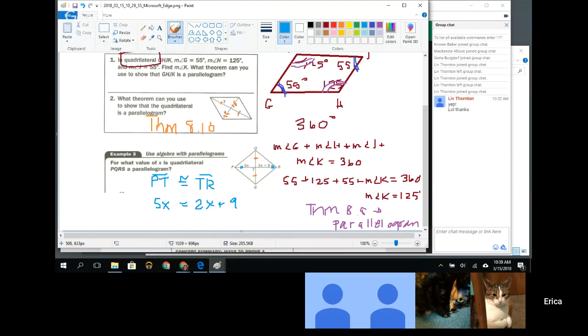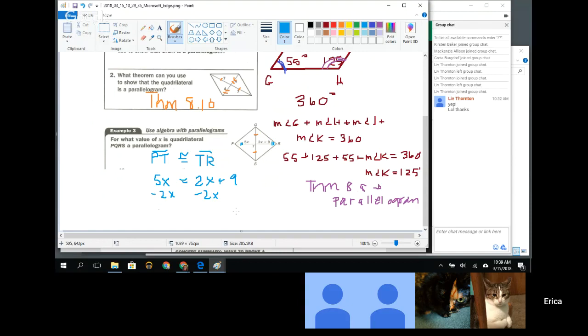So then I just solve this. I subtract 2x from both sides, and I get 3x equals 9, or x has to equal 3 in order for this to be true.